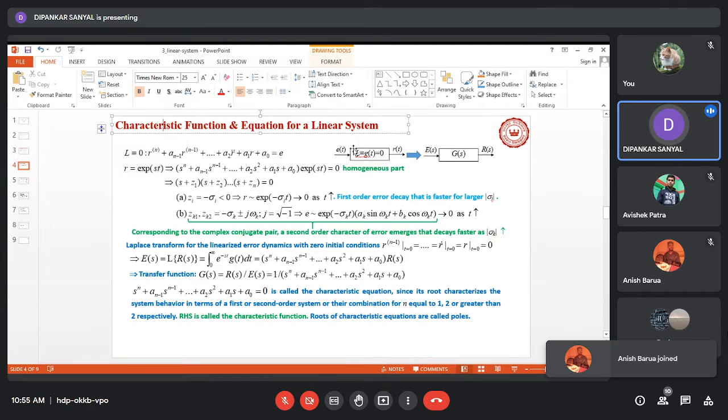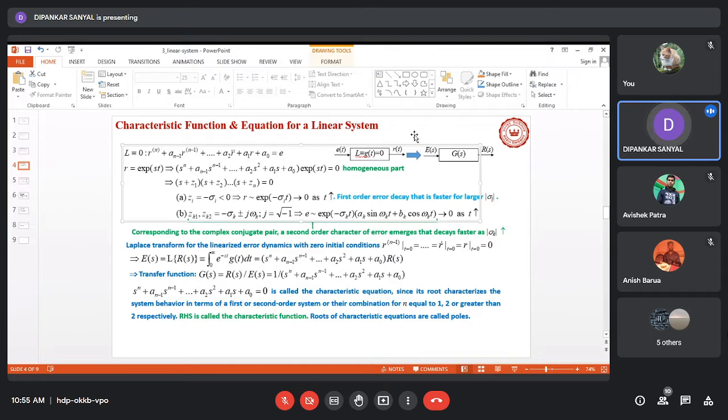After taking Laplace transform in this form, this gets transformed to this form. Laplace transformation is a method that transforms a differential equation to an algebraic equation.